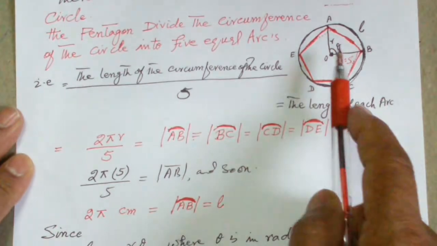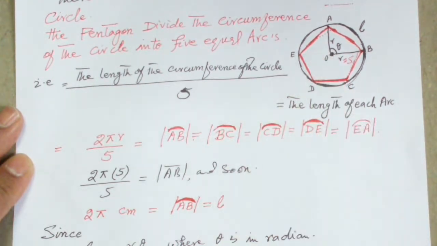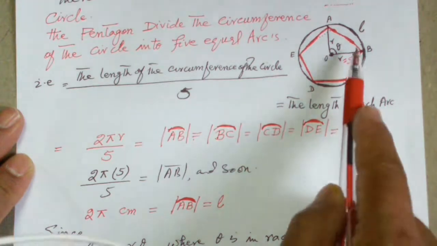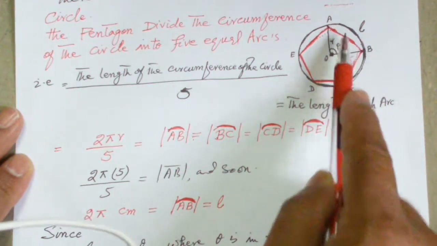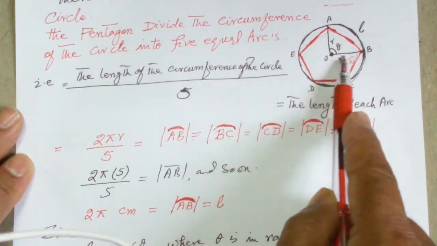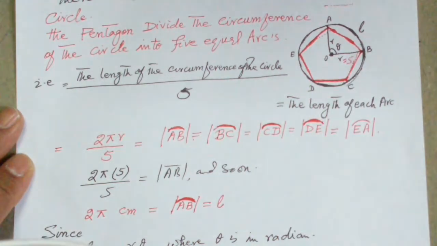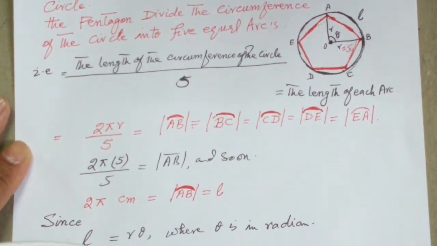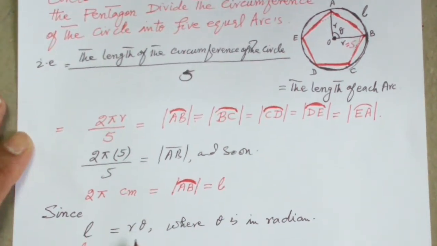First we have to calculate the angle theta in radian. Since L is equal to R theta, where theta is in radian, this is the relation between the length of the arc, the radius of the circle and the angle theta. So L divided by R is equal to theta.